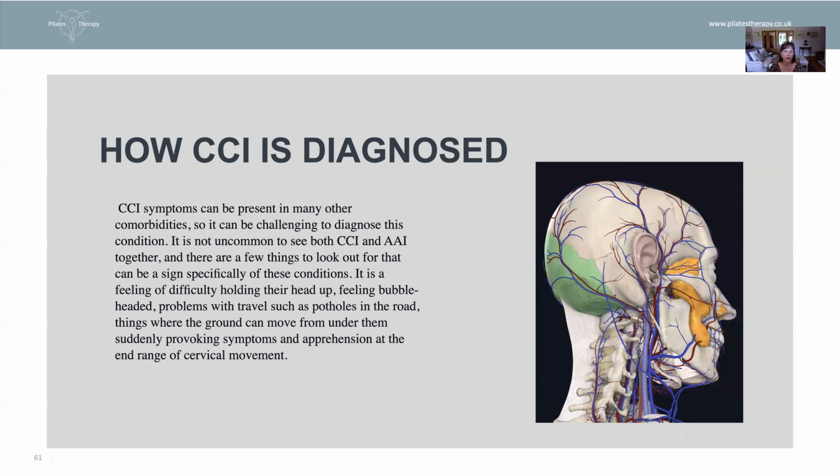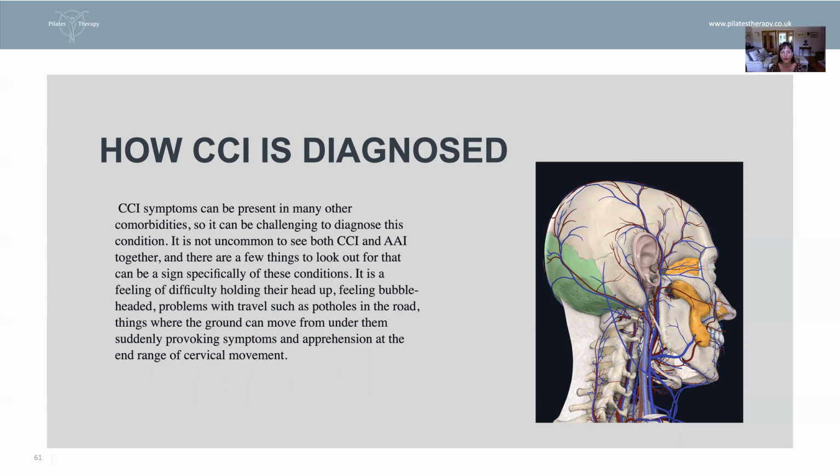So CAI symptoms can be present in many other comorbidities, which makes it very difficult. It can be really challenging to diagnose this condition if you've got lots of other things that create the same symptoms. So it's not uncommon to see both craniocervical instability and atlantoaxial instability together.